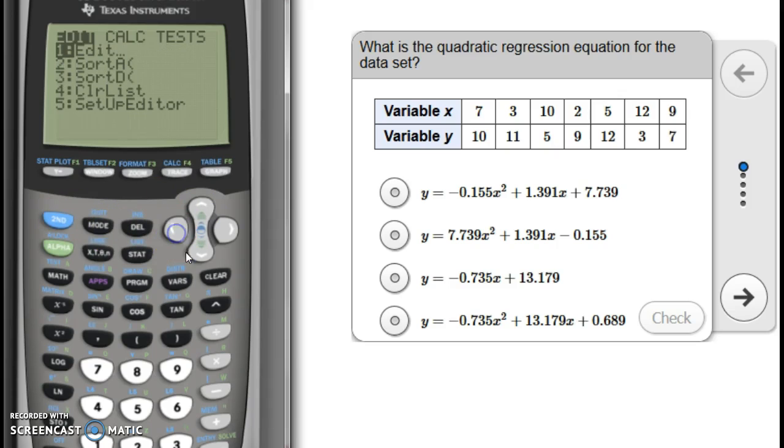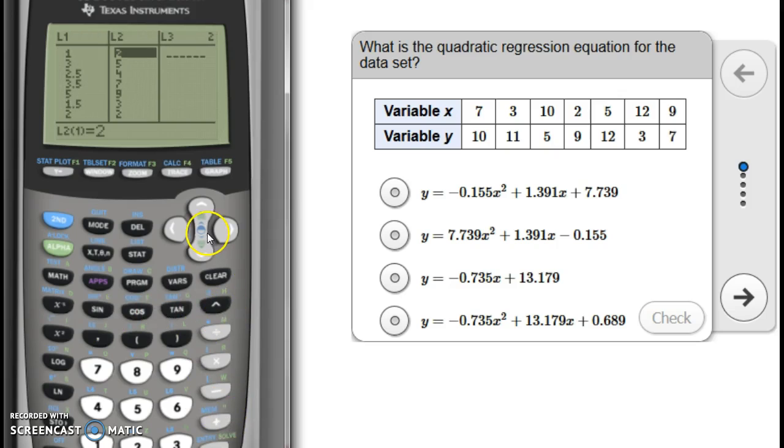So before we start any of those, we would first need to put in the values. So we would go to Edit, and we're going to clear out List 1 and List 2. We're going to go ahead and put in the values for List 1.